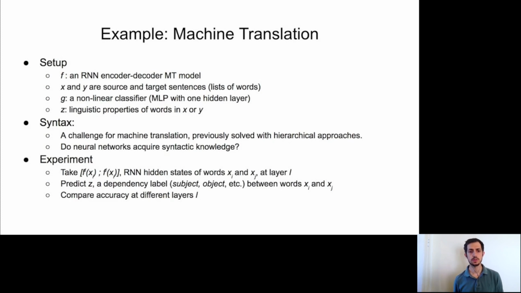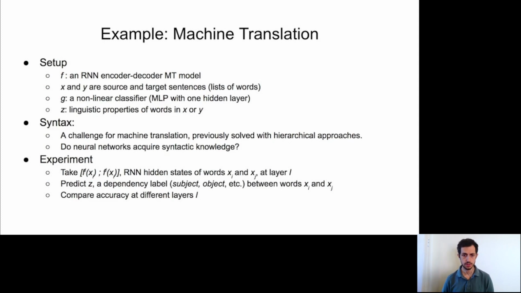So our experiment will be, this time we'll take two hidden states from an RNN-MT model. They are the hidden states of words j and i at some layer L, and we'll try to predict Z, a dependency label. So we assume that we'll take all the dependency structure, and for each pair of words, we'll try to predict what is the dependency label.